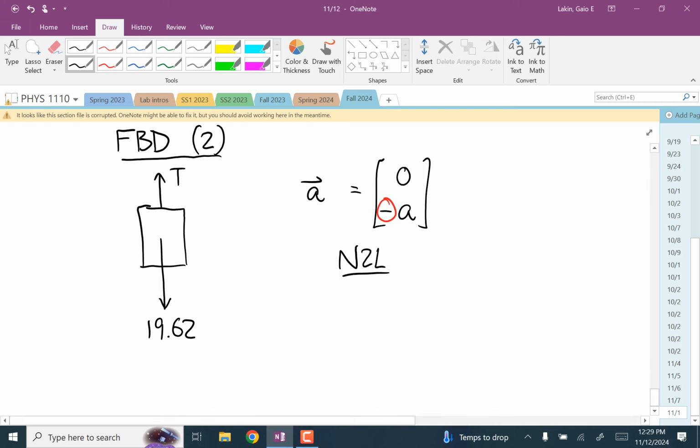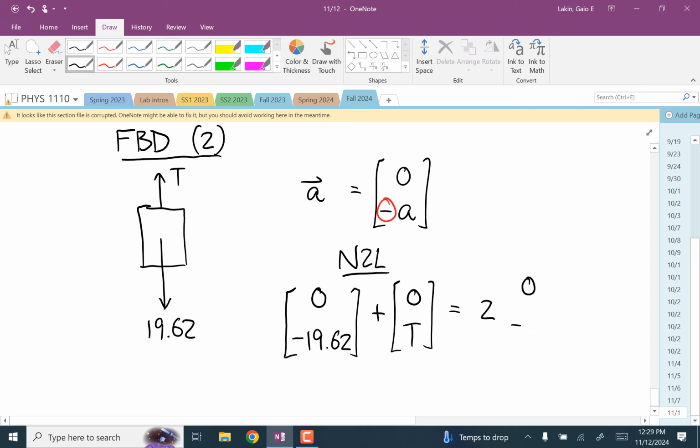So Newton's second law says 0, negative 19.62 plus 0, T is equal to the mass times the acceleration, 0, negative a.